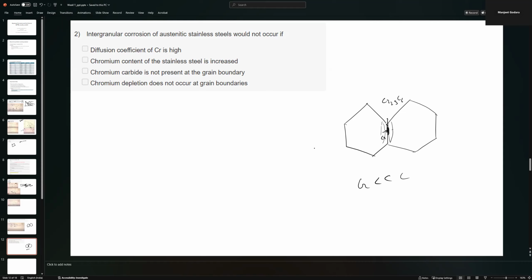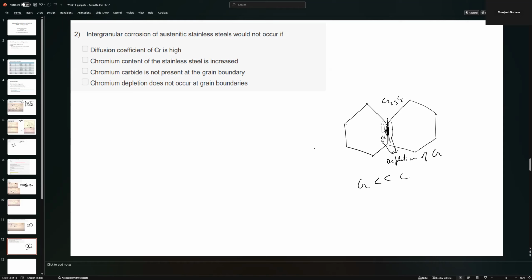It will form precipitates inside the grain boundary. Since the diffusivity is low, in these two regions you have depletion of chromium. So since these regions are depleted of chromium, you won't get the passivation ability which you get due to chromium.